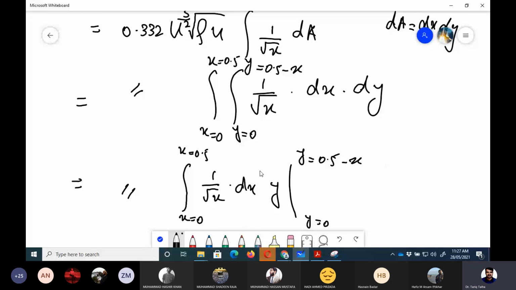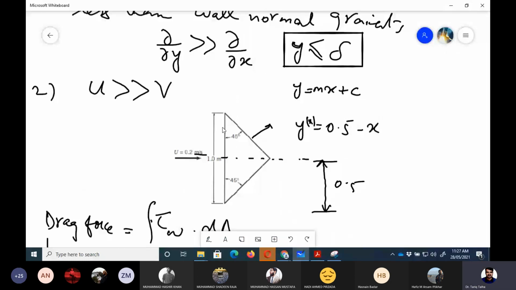So y is equal to 0.5 minus x. Why haven't we put in the 1 meter? Because that is changing. That's why we have put it as a function of x, because that y location is a function of x. So we need to put the limit as a function of x.